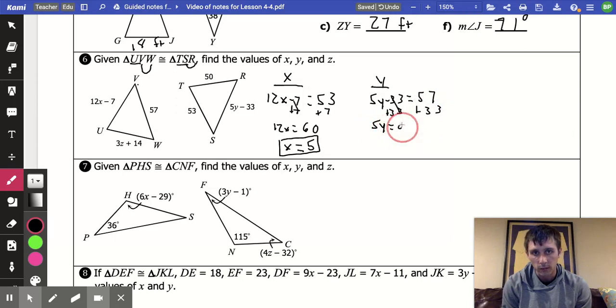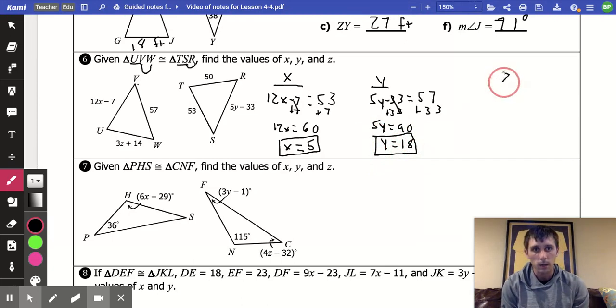5y equals 90. Divide by 5, y equals 18. All right, and now let's find z. So z is in 3z plus 14 equals what?